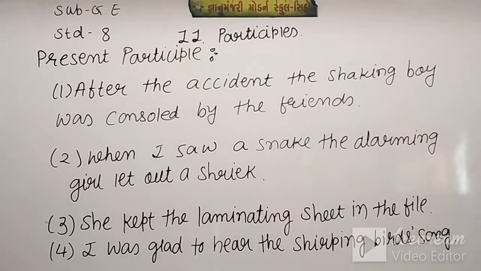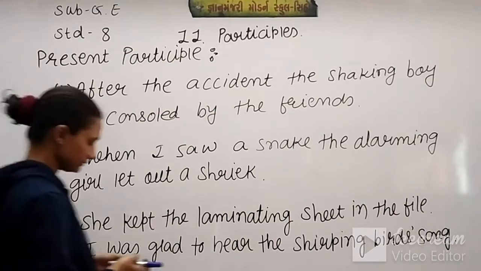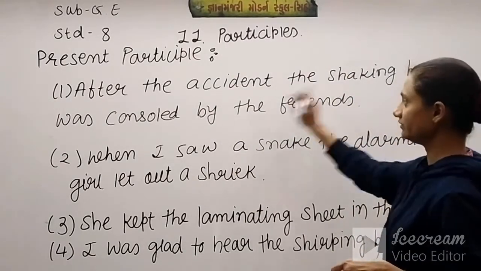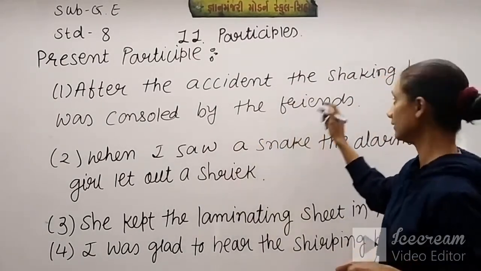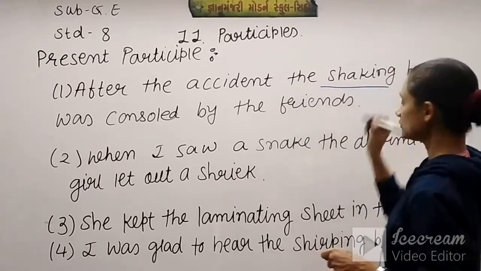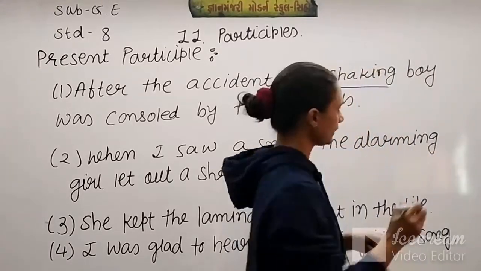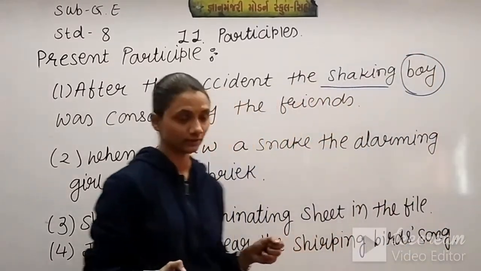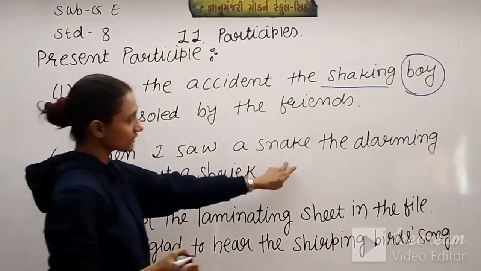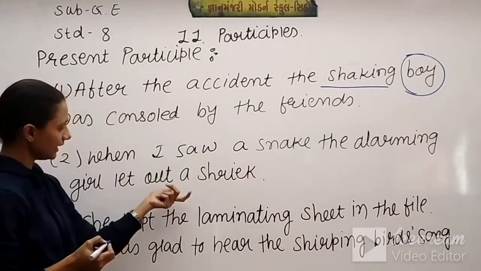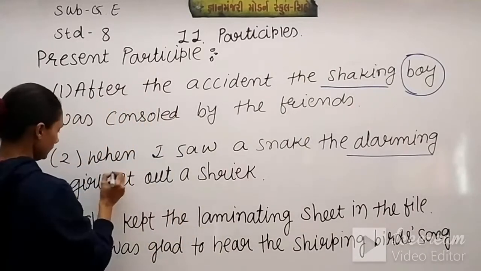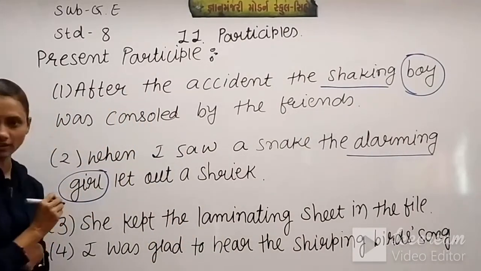Here we have used participles. Let me identify them. After the accident, the shaking boy was consoled by the friend. Here we have shaking, that is our participle, and that modifies boy. When I saw a snake, the alarming girl let out a shriek. Alarming is our participle. Girl is our modified word.